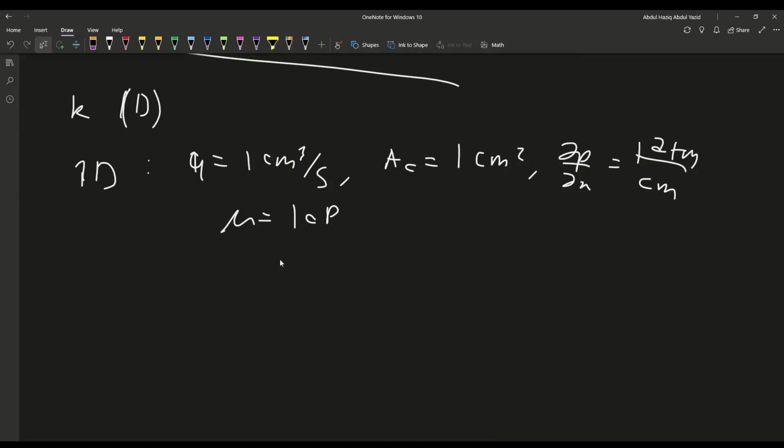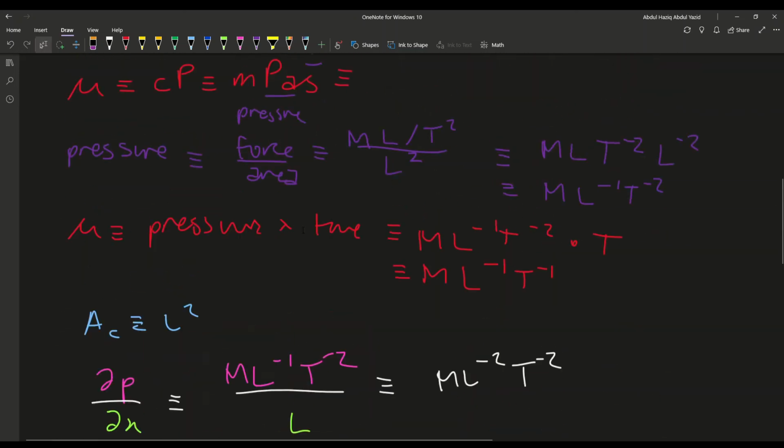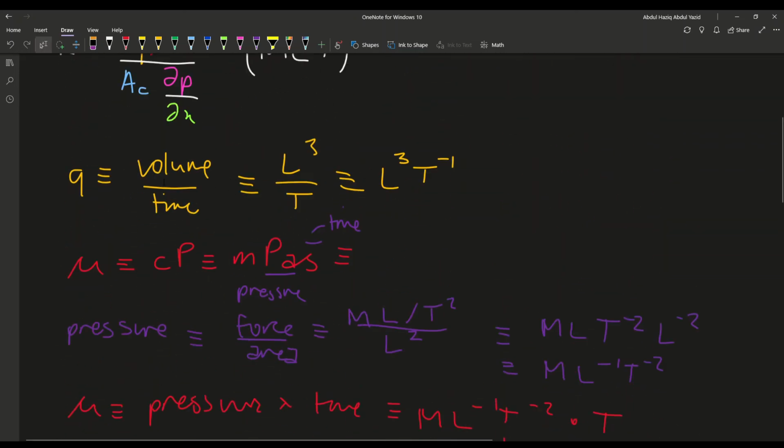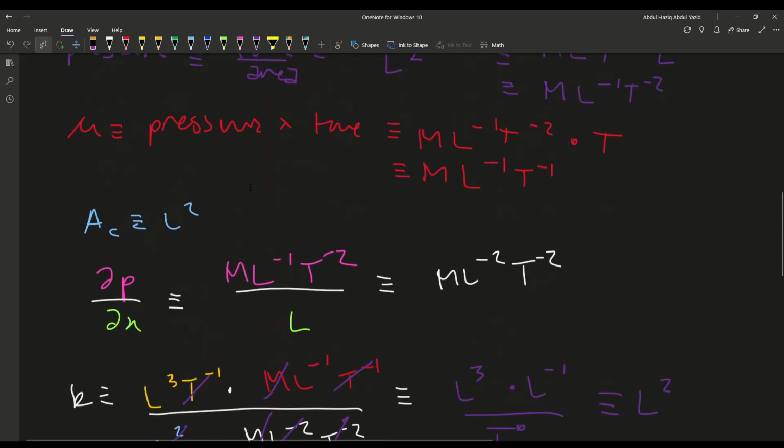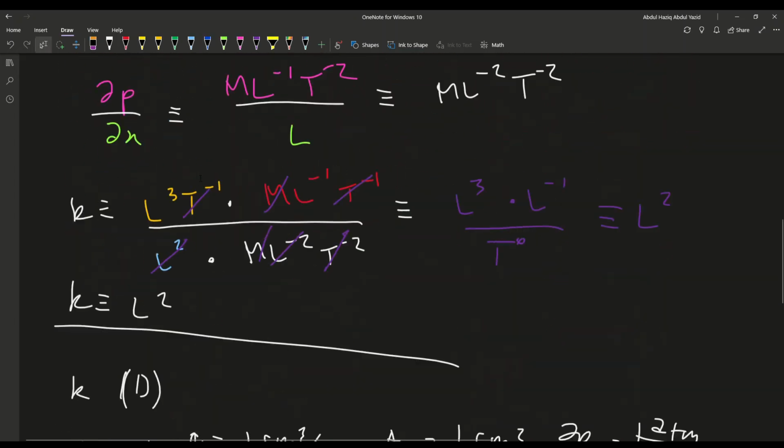All right, so we can rewrite this as the following: 1 Darcy's flow is equivalent to, let's go back to the formula here, Q. So we have 1 centimeter cubed per second times Q mu over AC dP over dx.